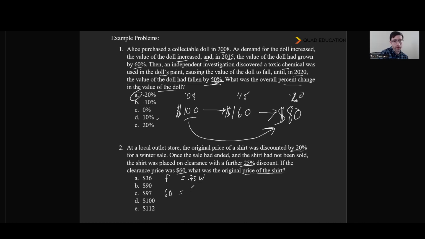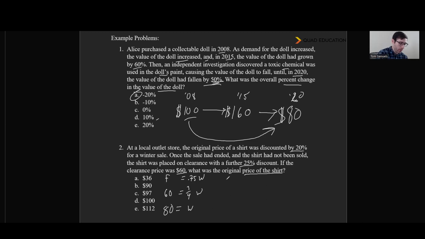And I'm going to go ahead and say at 75%, that's the same thing as 3/4. 3/4 of $1 is 75 cents. That's kind of where that comes from. And so if we want to get back to what W is, we say the W is first 60 divided by 3, which is 20, and 20 times 4 is 80. So before the clearance event, the winter sale price of the shirt was $80.